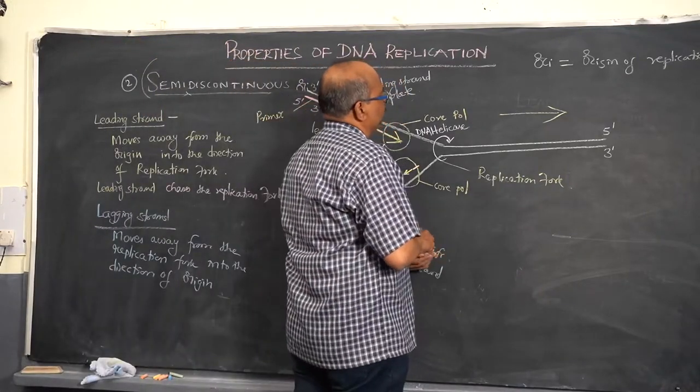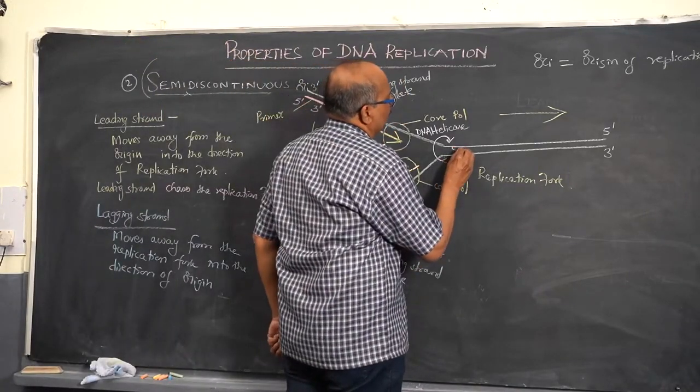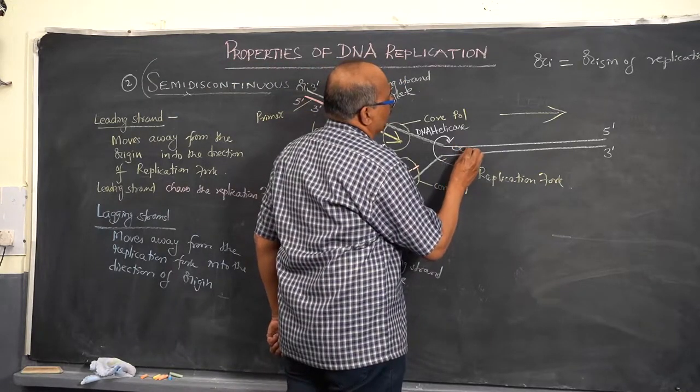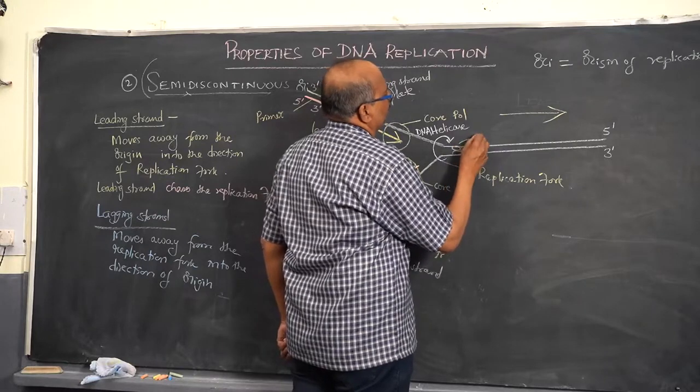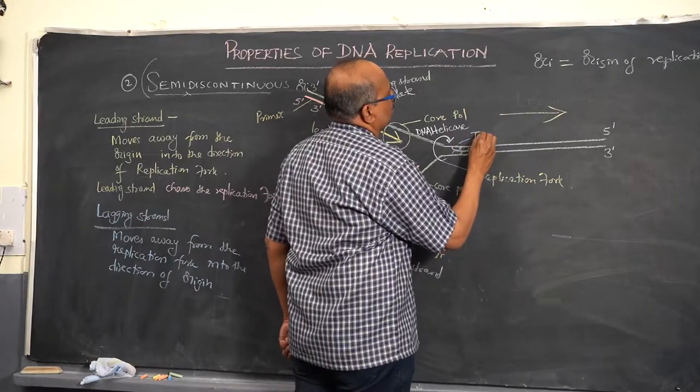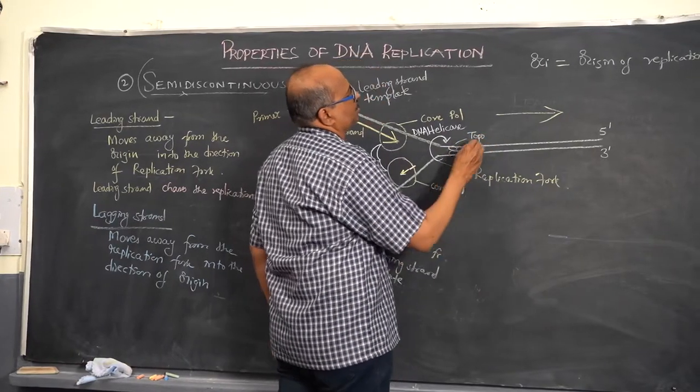Here we have another enzyme which is called topoisomerase, or in bacteria we call it gyrase.